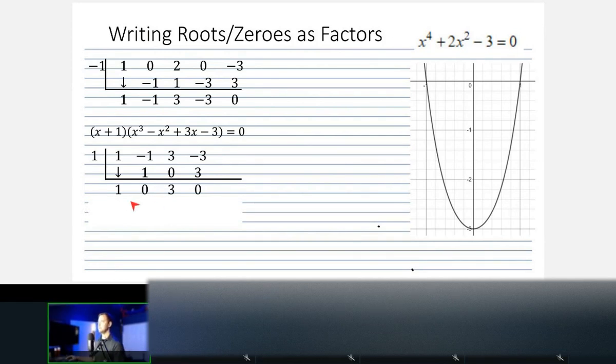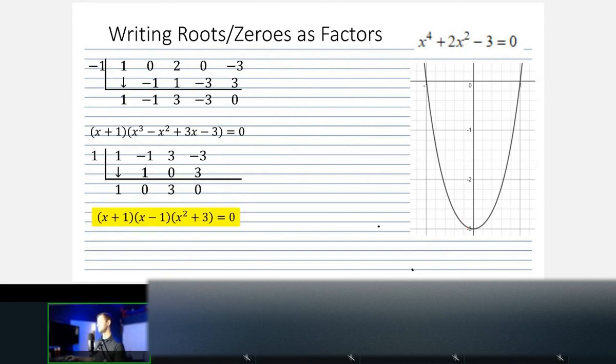Given this, and we reduced this polynomial by a factor of x minus 1, what is the remaining polynomial? X squared plus 3. Absolutely. I would agree with that.